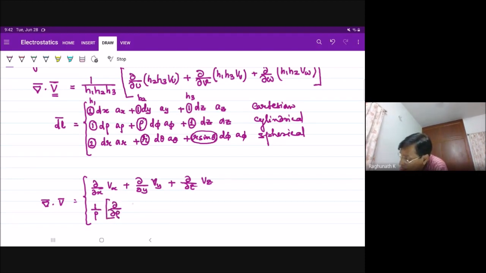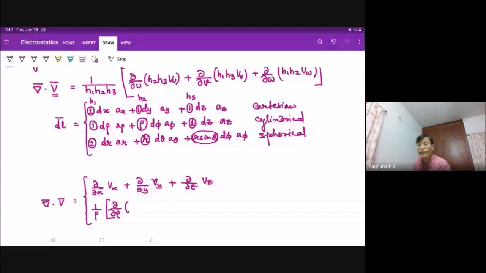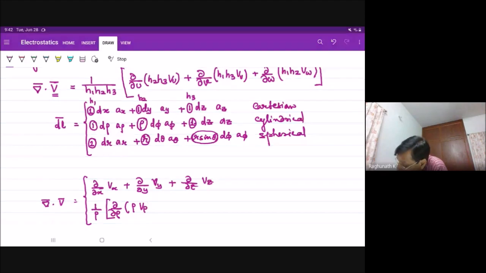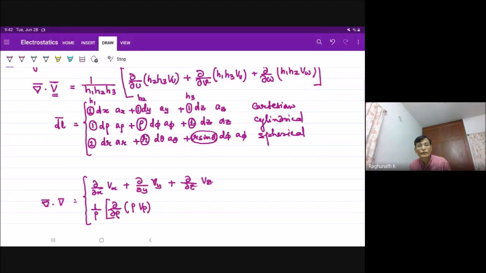Dou by dou rho of H2 H3, which is rho, times rho component of V. This rho inside and outside, they will not get cancelled out, right?